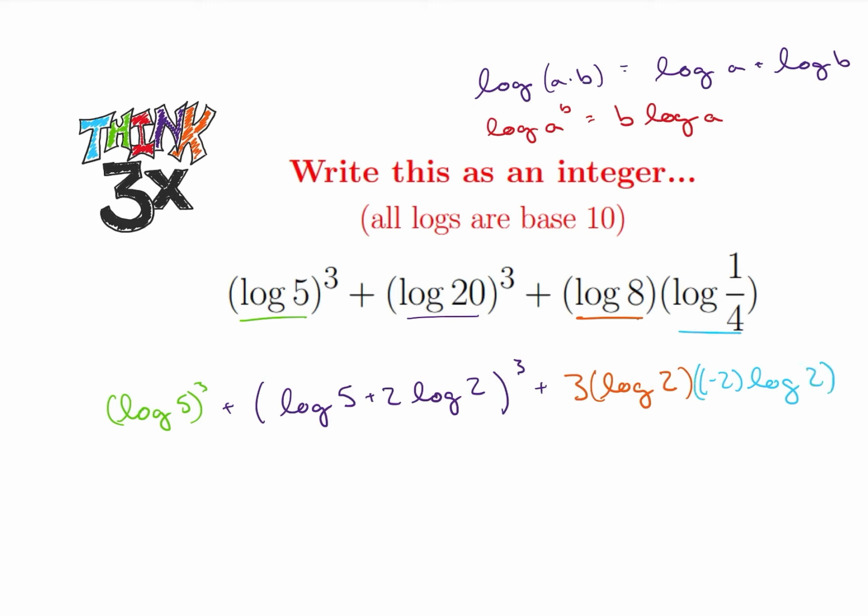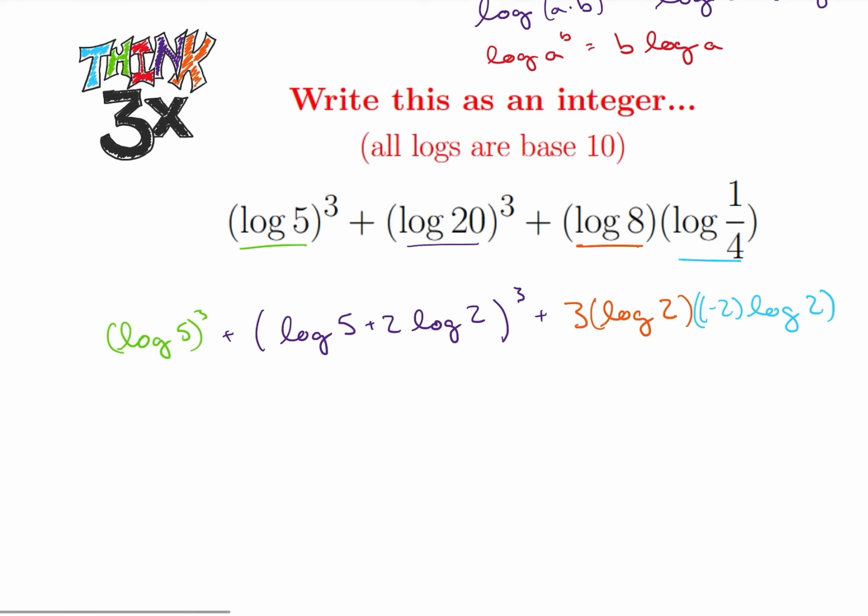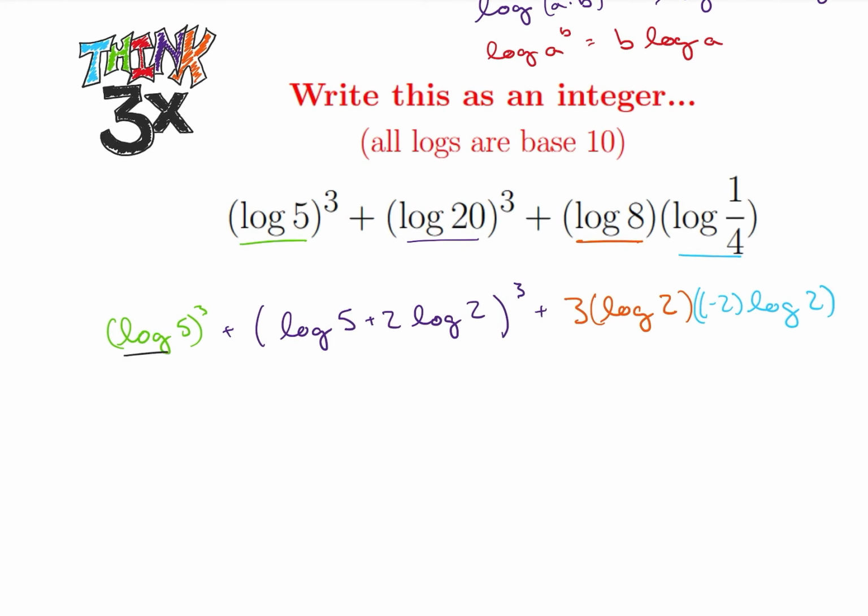Okay, so I've put in some work already. We see now that all of our terms here are with regards to either log of 5 or log of 2. And why is that important?